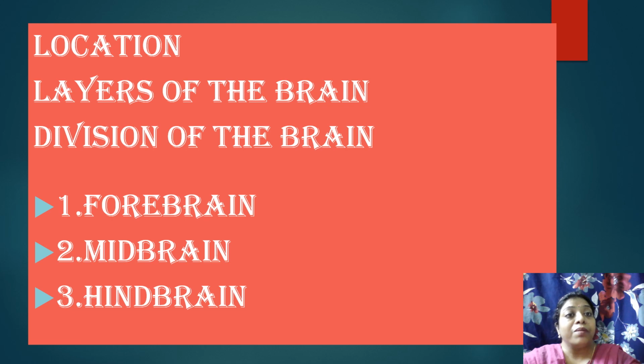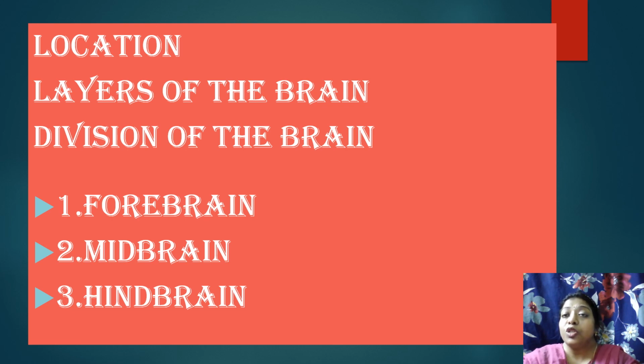The arachnoid mater protects the complete set of the nervous system. And of course, the inner layer, the pia mater, protects and gives complete support to the central nervous system. So these are the different layers of our brain.